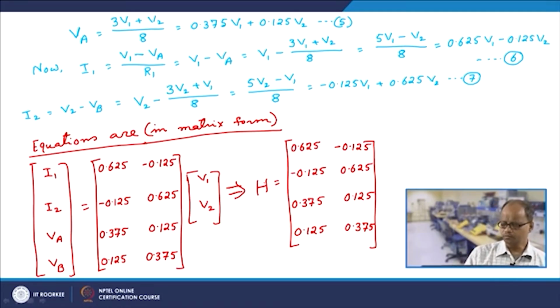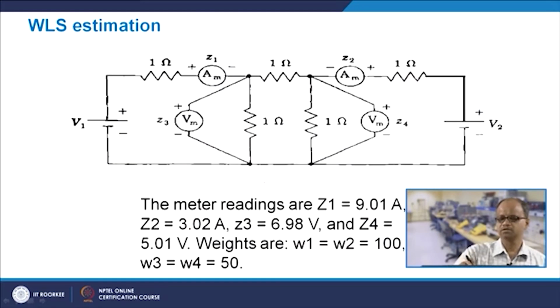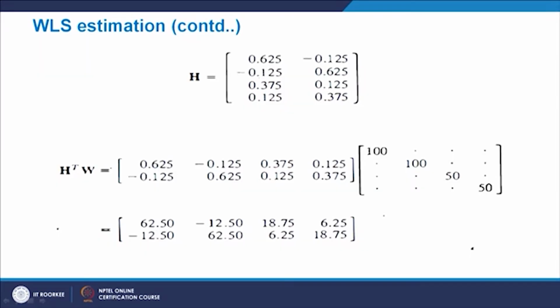Now, with this H matrix, we will do our calculation. Our H matrix we have already seen: 0.625, minus 0.125, minus 0.125, 0.625, 0.375, 0.125, 0.125, 0.375.